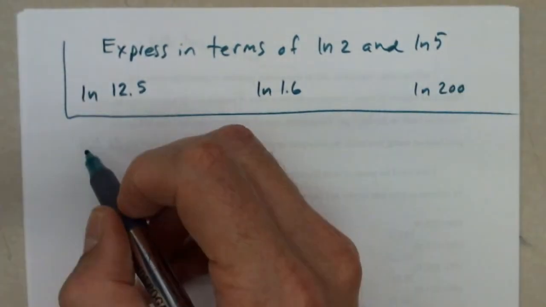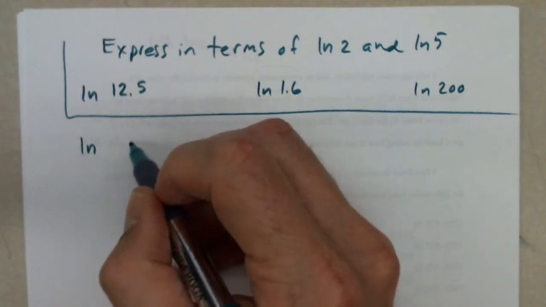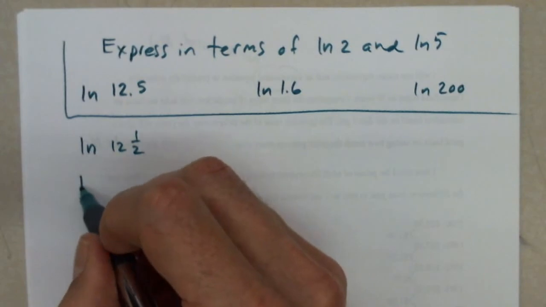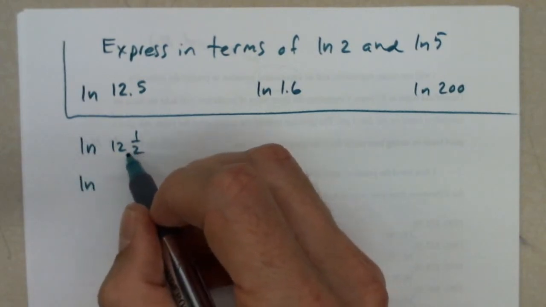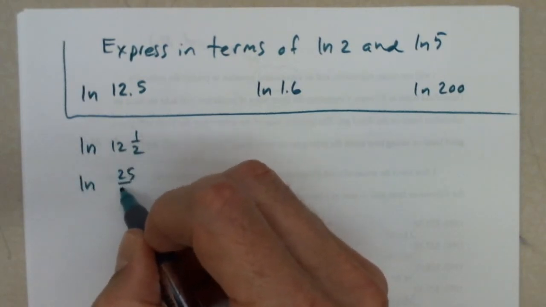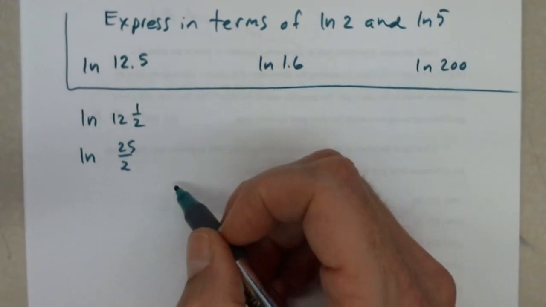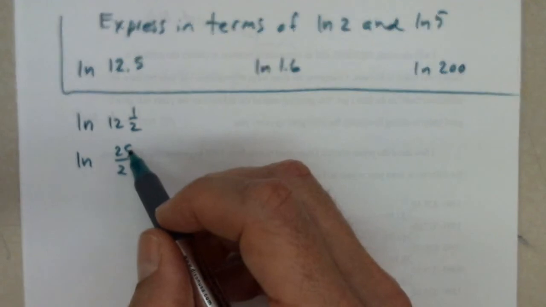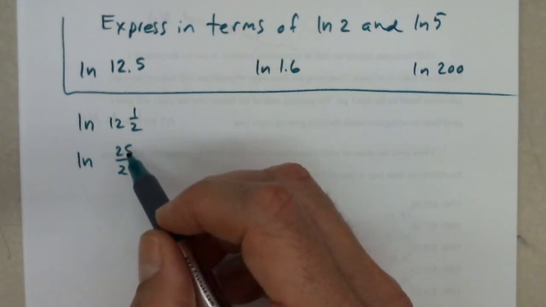So here's the type of question that requires that we use the properties, and a good place to start is to write it as a fraction, 25 over 2. And our goal is to get to a 2 and a 5, and here we see a 5 and a 2, 5 squared.